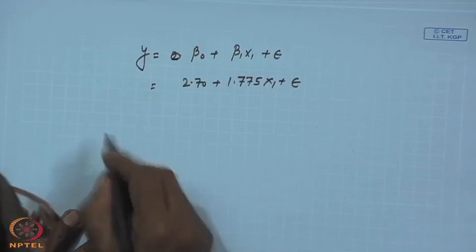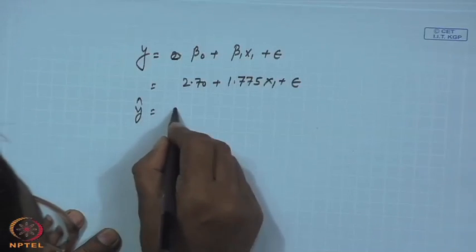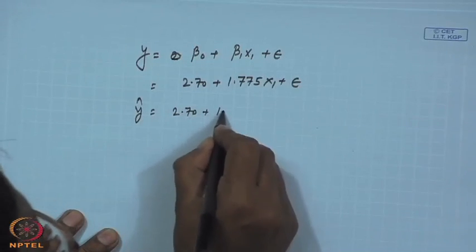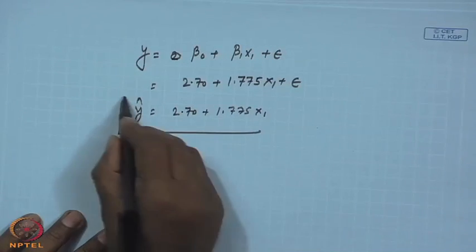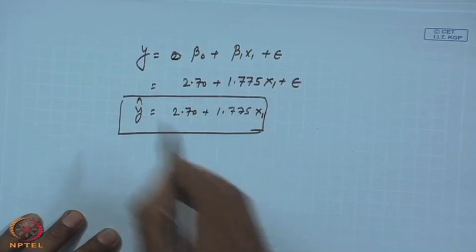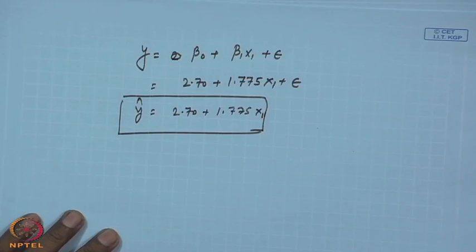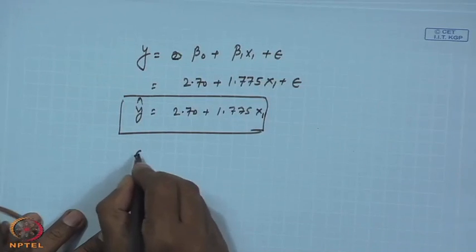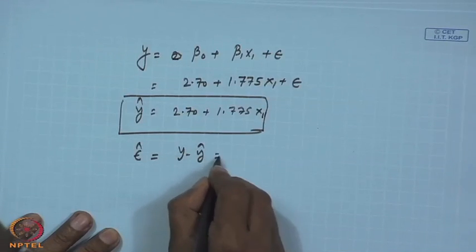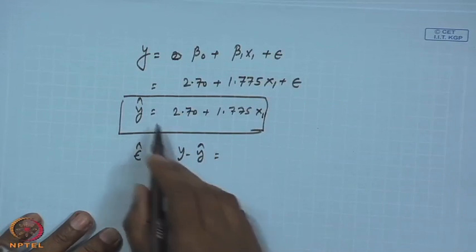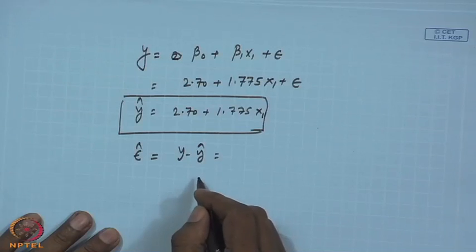This is your regression equation, and your y cap will be 2.70 plus 1.775 x1. This is y cap. And if you want to find out the epsilon cap, the error term, that is y minus y cap, you have to find out.